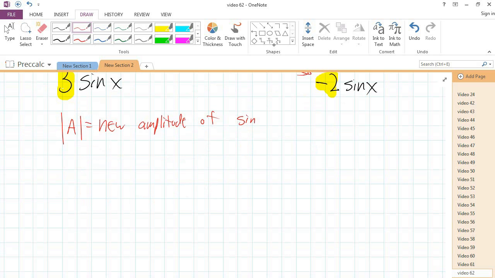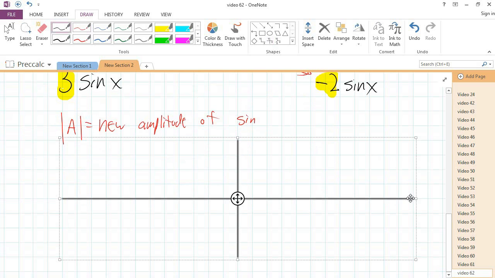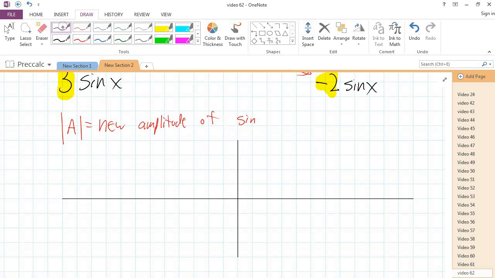Okay? So what does this mean? Well, let's graph the sine of 3x. My x-axis, I mark up the same. Every mark is worth a quarter of the period.